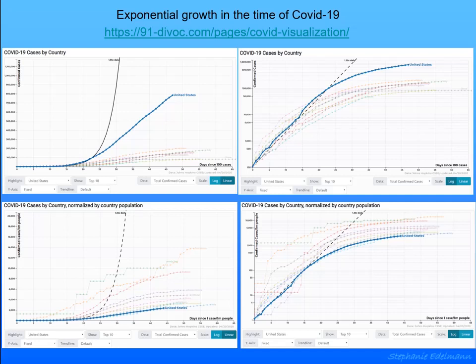The take-home message from this sheet is, number one, you always have to look at the axis on the left, because it tells you a lot about how the graph is set up. It makes a very different impression whether you have a linear or a logarithmic curve.